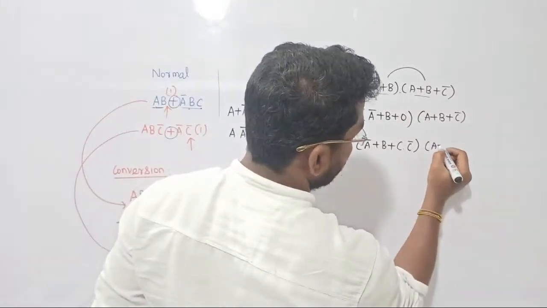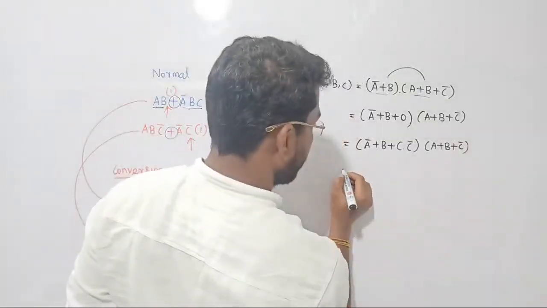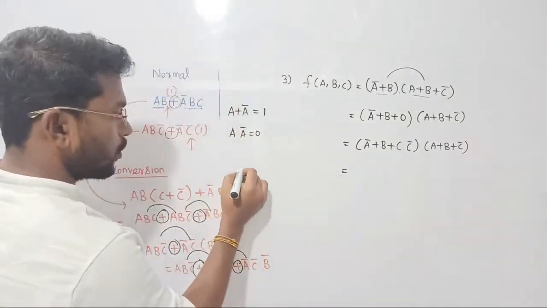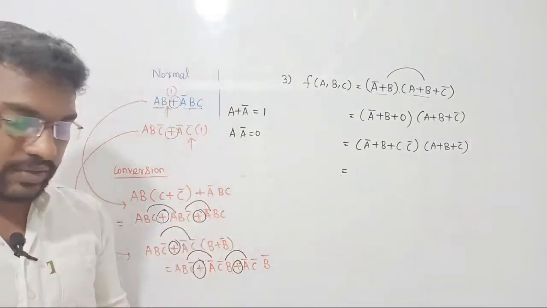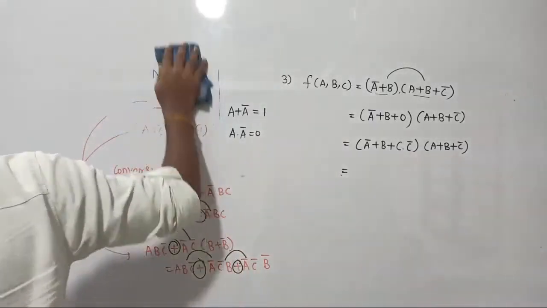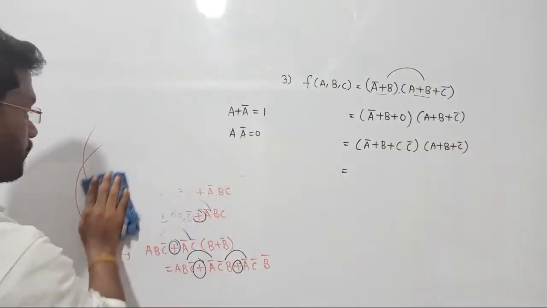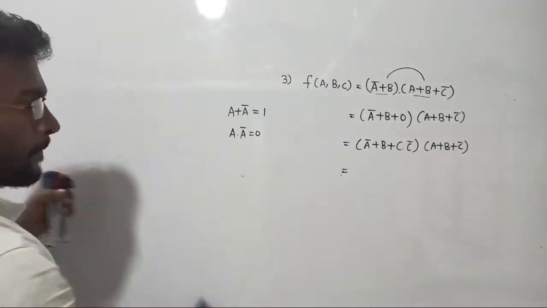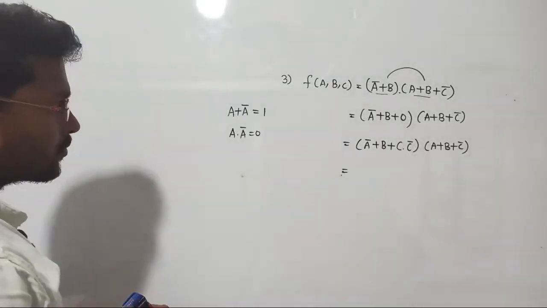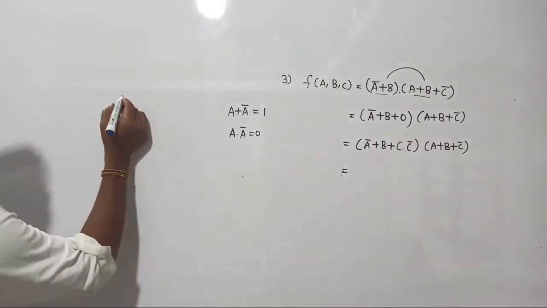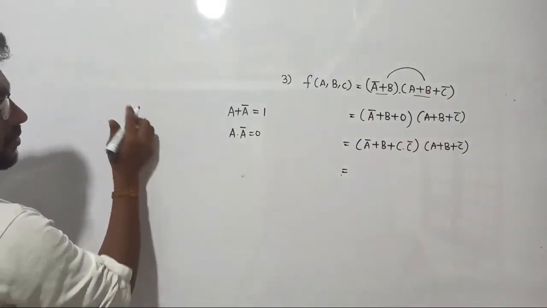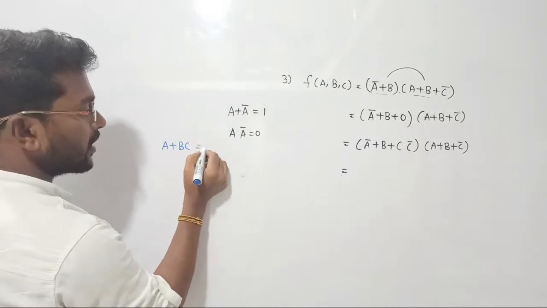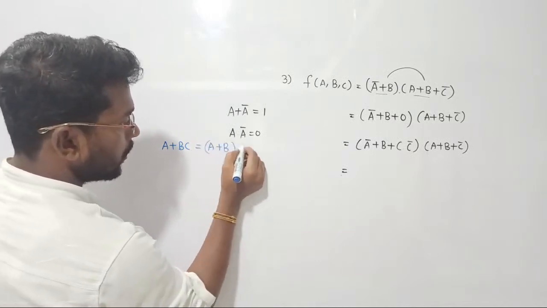So let us consider this one also, a plus b plus c bar. Let's see what happened now. Let us apply the distribution theorem. According to the distribution theorem, a plus b dot c can be written as a plus b into a plus c.